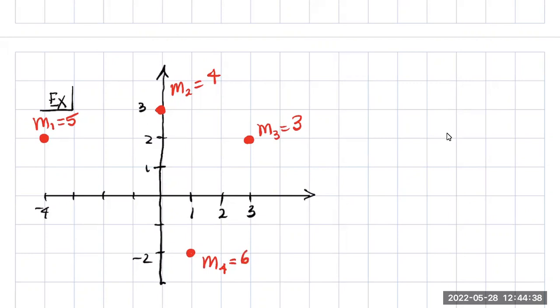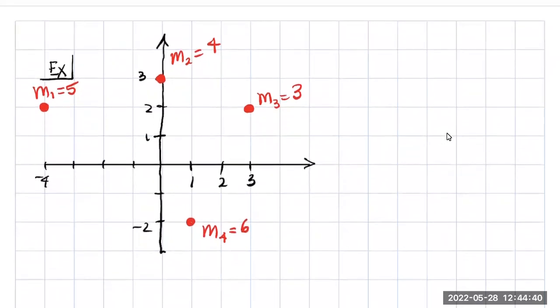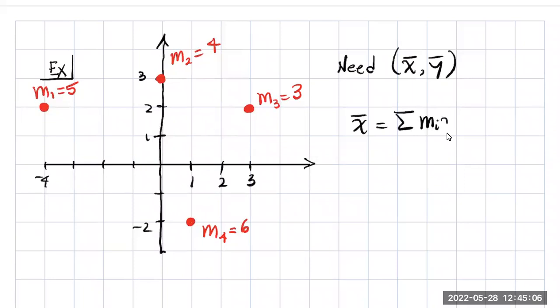Okay. Well, we know we've got x bar, right? That'll give us the x coordinate. What we need here, since this is a two-dimensional case, is an ordered pair. We have an x coordinate and a y coordinate because this is a two-dimensional setting. So we know that x bar is given by this formula.